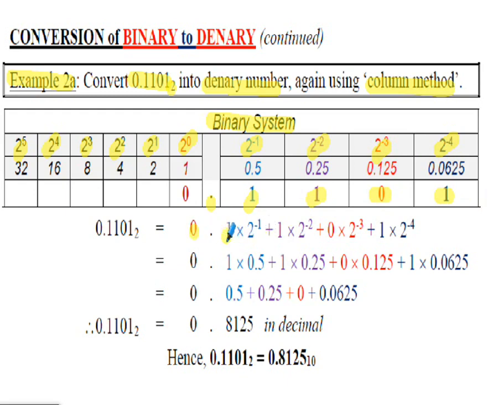So we get 1 times 2 to the minus 1, which is 1 times 0.5, plus 1 times 2 to the minus 2, which is 1 times 0.25, then plus 0 times 2 to the minus 3, which is basically 0 in this case, plus 1 times 2 to the minus 4, which is plus 1 times 0.0625. If we do the arithmetic on that, we find we get 0.8125. So in other words, the fractional number 0.1101 in base 2 can be written as 0.8125 in base 10.